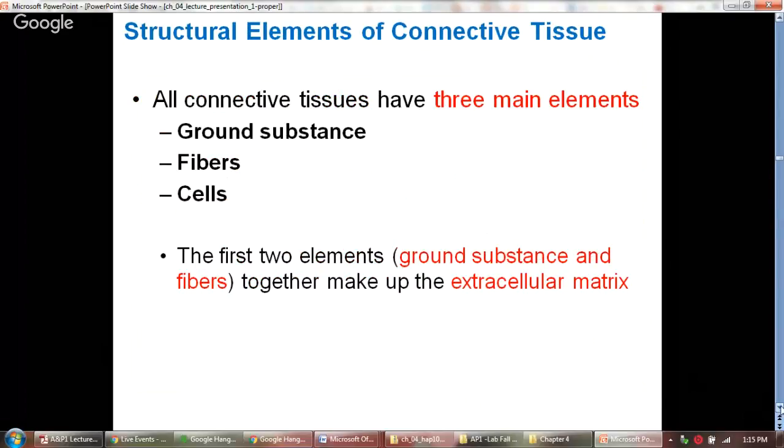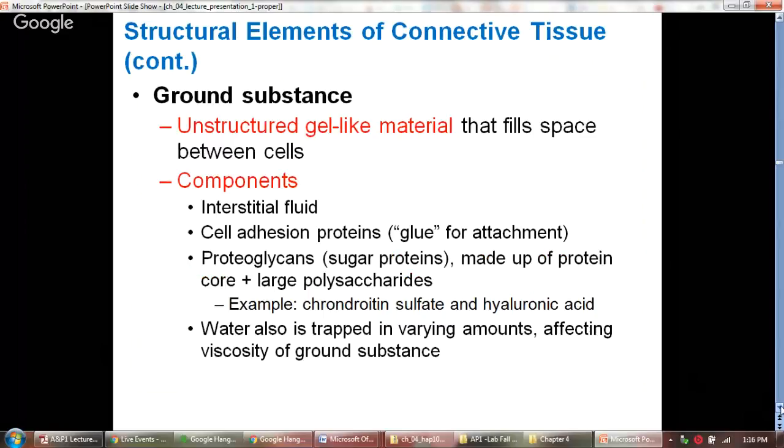All connective tissue also has three main elements: the ground substance, the fibers, and the cells. The first two elements, the ground substance and the fibers, make up the extracellular matrix that you need to remember. Let's look at the ground substance.